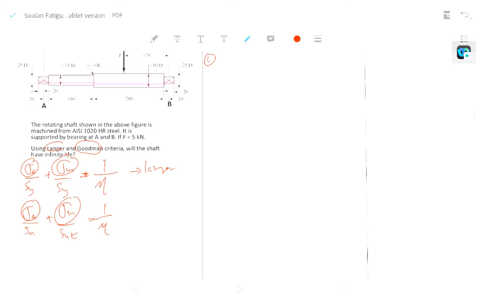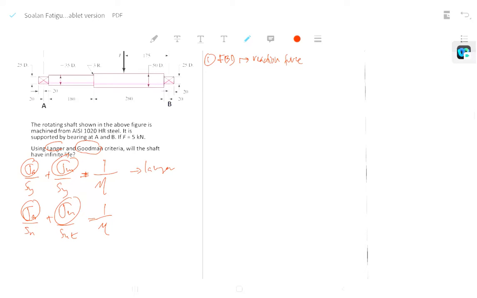So first we have to identify the reaction force at A and B. So free body diagram, then reaction force. I think this is not a problem.